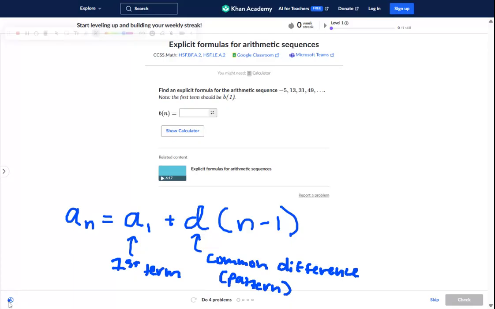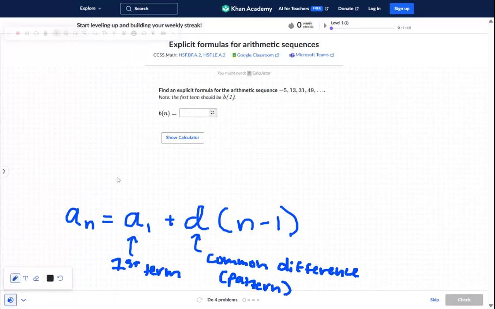All right, so we're going to look at this problem. Let's use our draw tool here in Khan Academy. Our goal is to write out the formula given this information. We've got our sequence here, and note the first term should be, this is weird, these parentheses. I don't know why Khan Academy can't do a subscript.